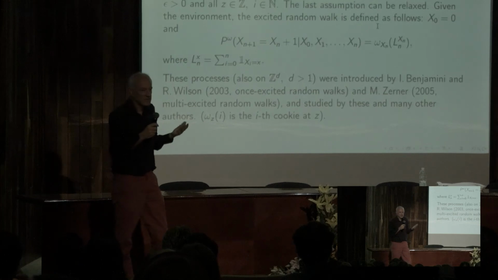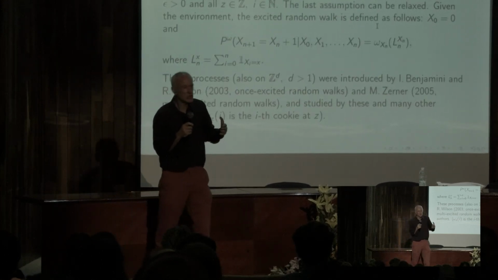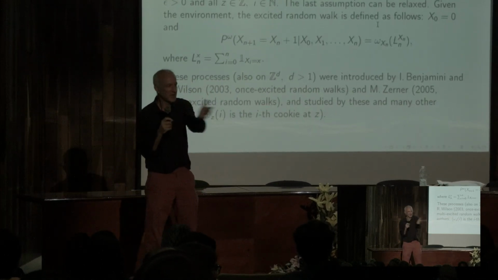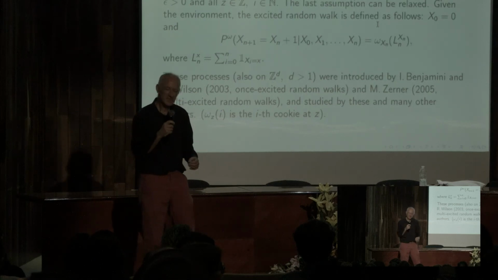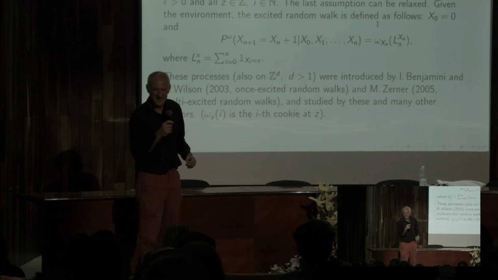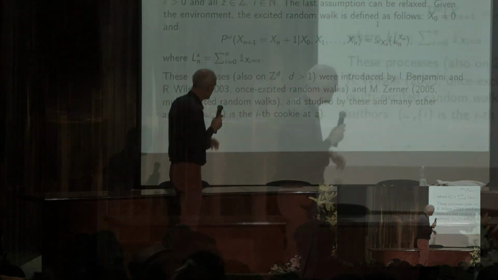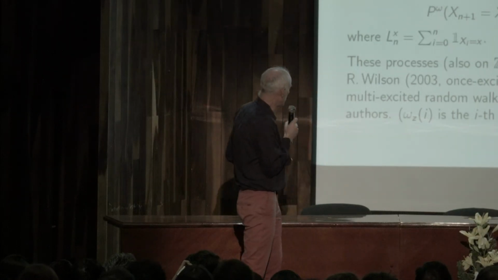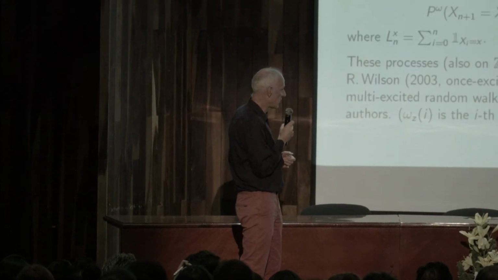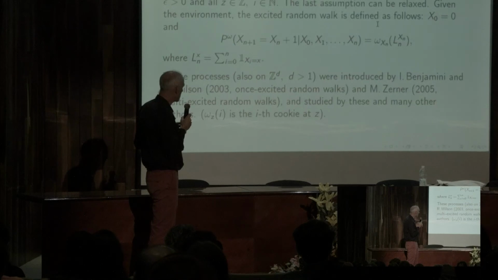I think in, let's say, 2 dimensions even, you can say, sure, it's got to be transient because you keep getting pushed. But it's not so easy to prove. The arguments given by Benjamini and Wilson and then Gabby Cosma were very hard and complicated.